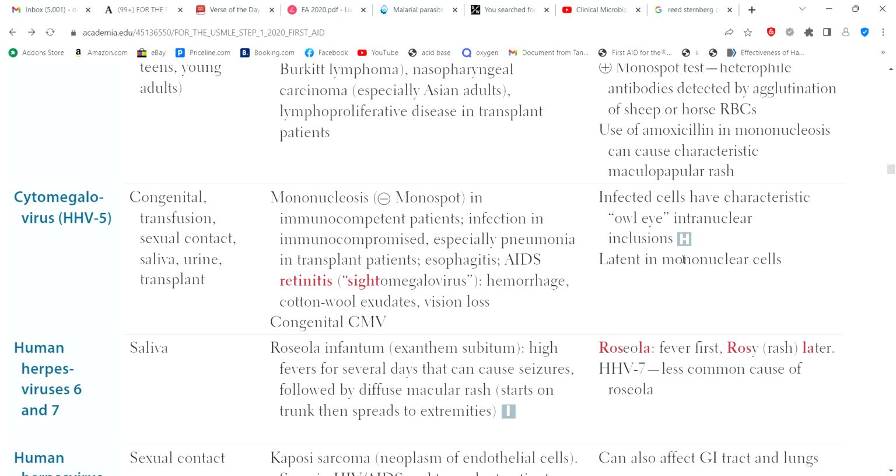It can also cause infection in immunocompromised patients, especially pneumonia in transplant patients, esophagitis, and AIDS retinitis. In AIDS retinitis, you have hemorrhage, cotton wool exudates, and vision loss.